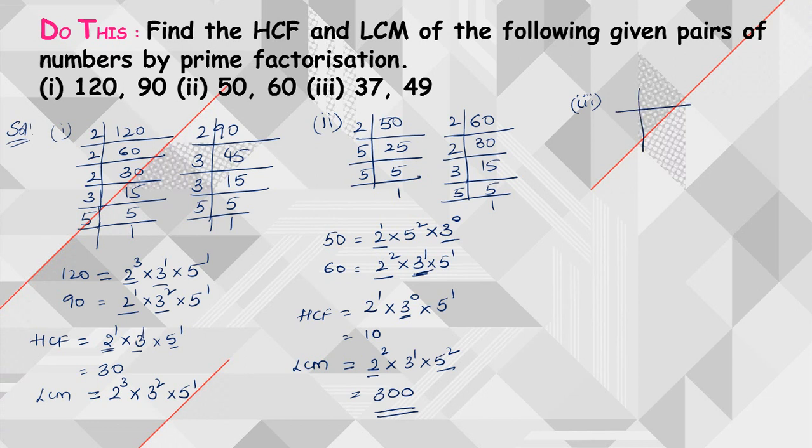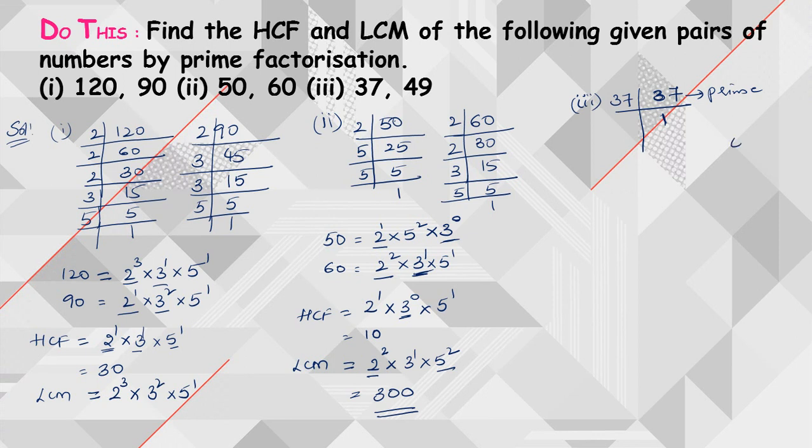Next, moving on to the next question. So 37. Is there any number which divides 37? You need to remember the prime numbers here, at least till 100. So here 37 is a prime number, so it divides only by 37, one time, right?